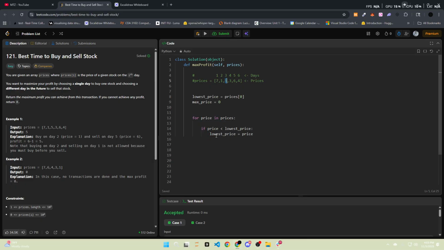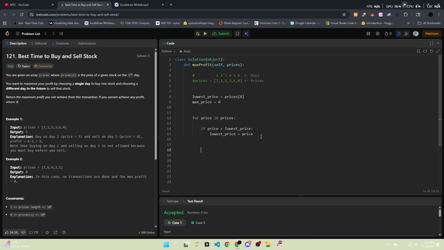Then we're going to set lowest price equal to where we're at right now, which is 5. So the next time we compare, instead of is 5 less than 7, it'll be, let's say we're here, is 6 less than 5, because we changed this value.